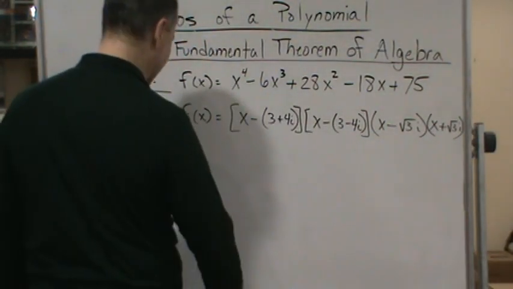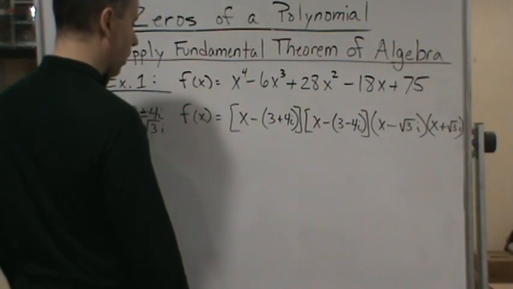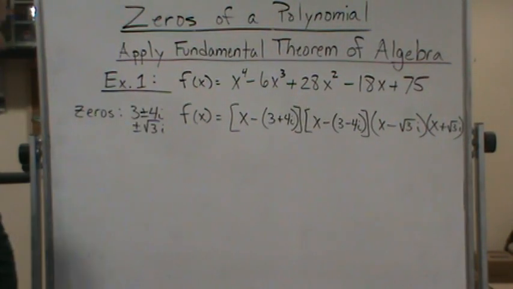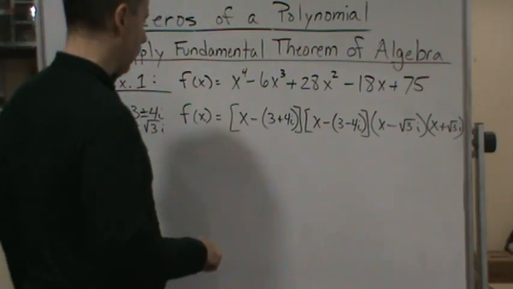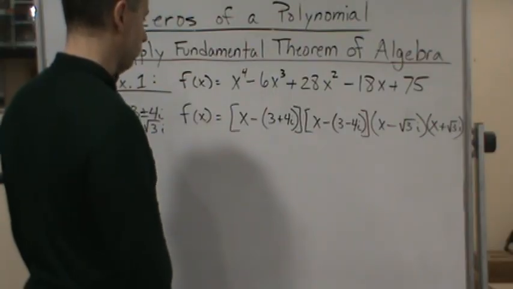And so when we solve f of x equal to 0, we get the zeros, the roots.